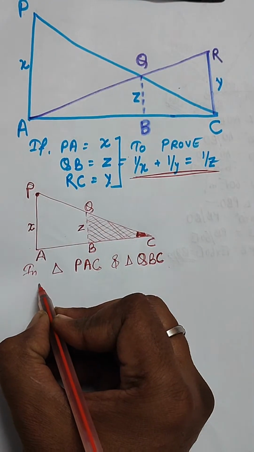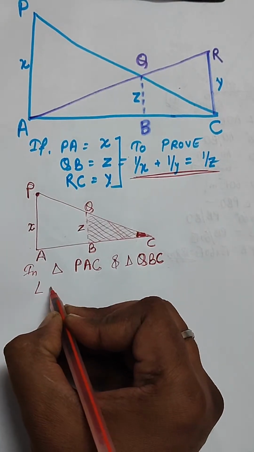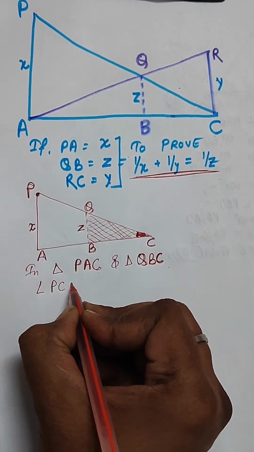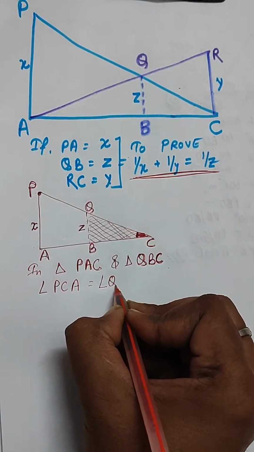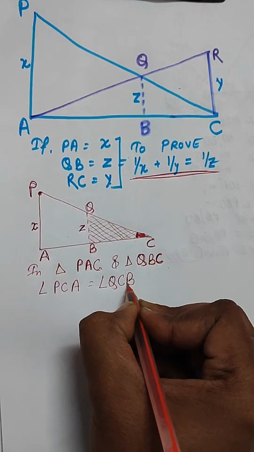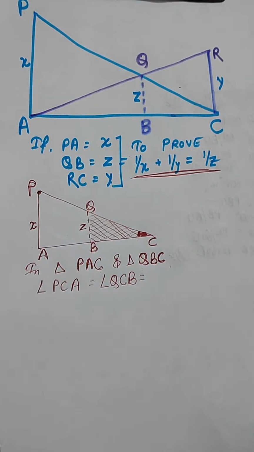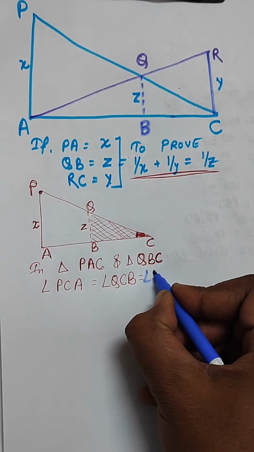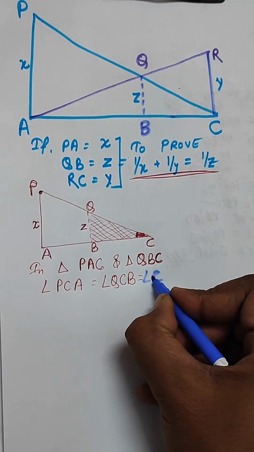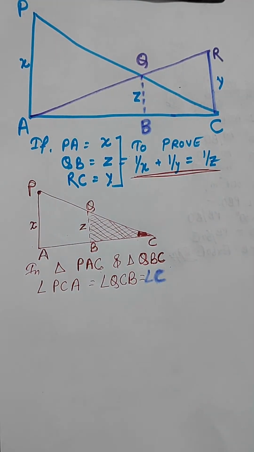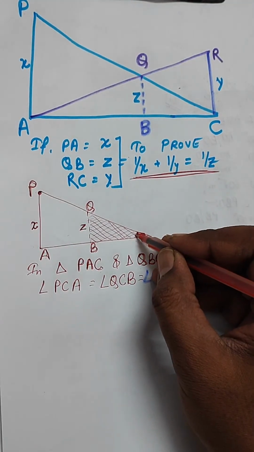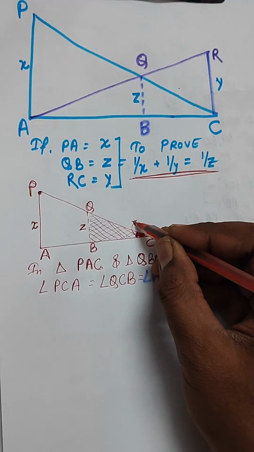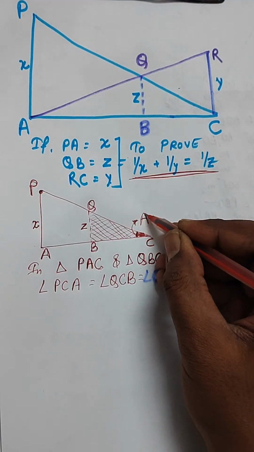So we can write angle PCA is equal to angle QCB, both are equal to angle C, right? This is one of the criteria which is fulfilled, that is, one of the angles is fulfilled.